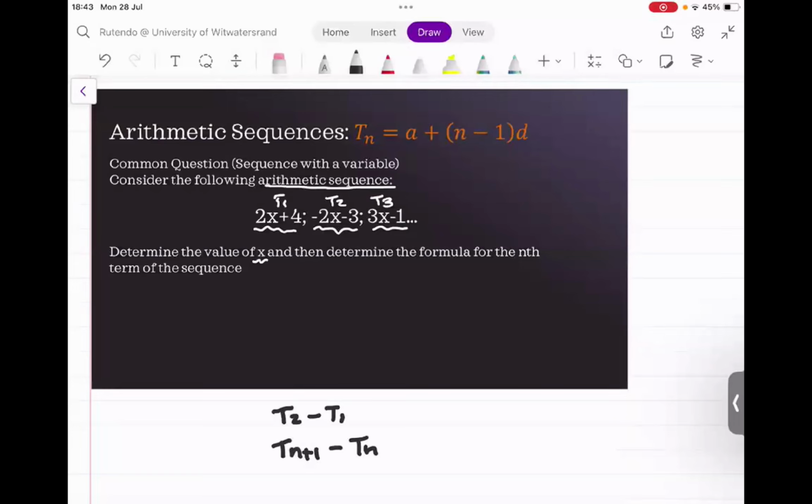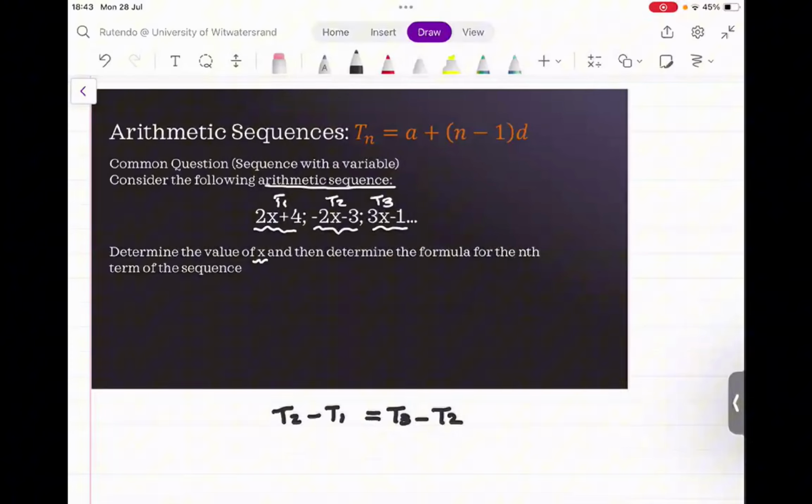And so if I know that these 2 numbers are always going to be the same, no matter what my values for n are, I can say T2 minus T1 should be equal to T3 minus T2, because there will always be a constant difference, and the differences have to equal each other.